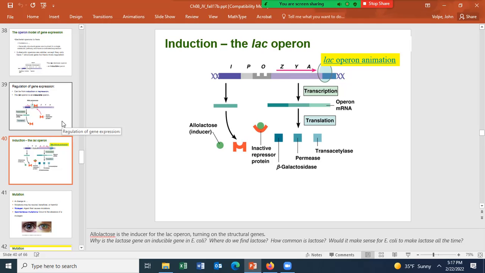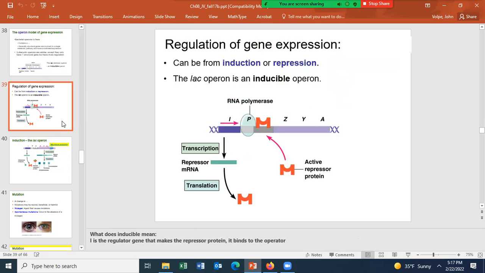Now, let me state that the binding of the repressor protein is not permanent. It's a stoichiometric reaction, and it falls off every once in a while. As long as there's other active repressor protein around, it'll bind to the operator and keep the lac gene turned off.